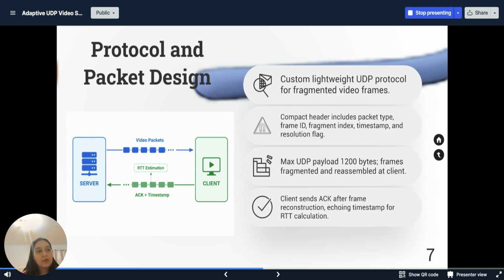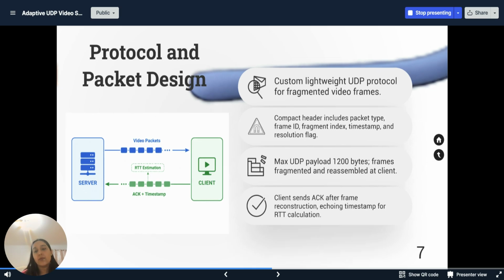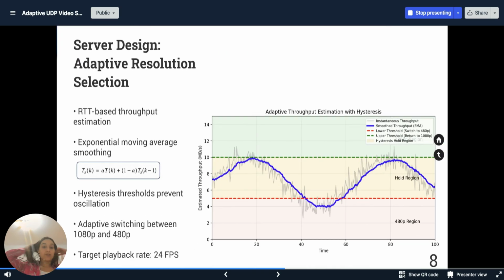We were okay with that because we'd rather overestimate how bad the network is than underestimate it for our system. And that's how the server later calculates the actual throughput. So in the server design for the RTT-based throughput, the throughput is just the load over the RTT in our system.